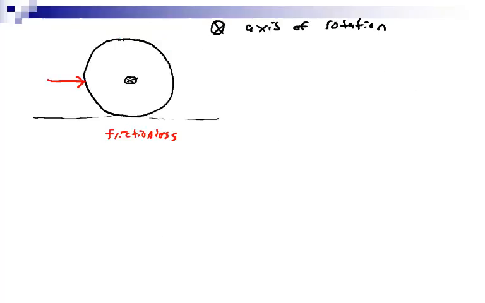Now, what if we deal with this situation here, where we apply a force through kind of the middle part? Well, one of the ways to find out what the torque is is to draw a line from the middle over to the edge here, and take this force, which is this vector right here, and break it into its x and y components, this component and this component.